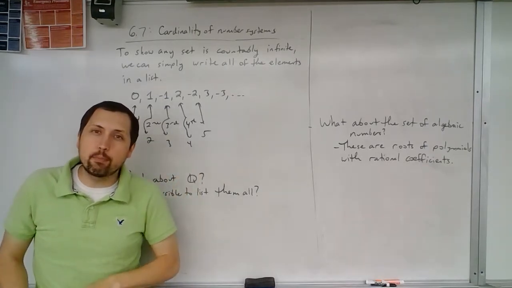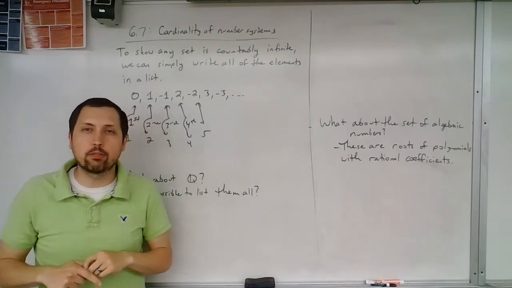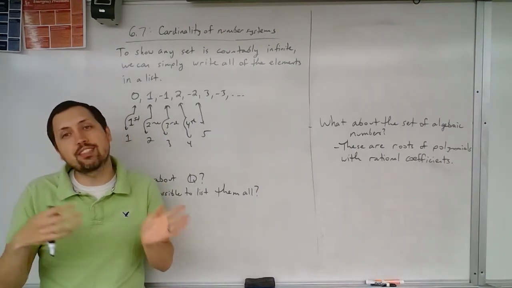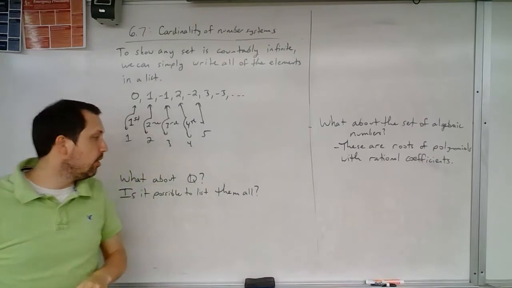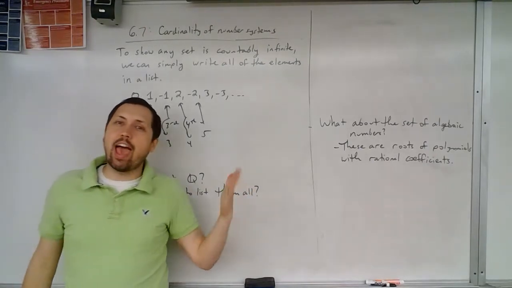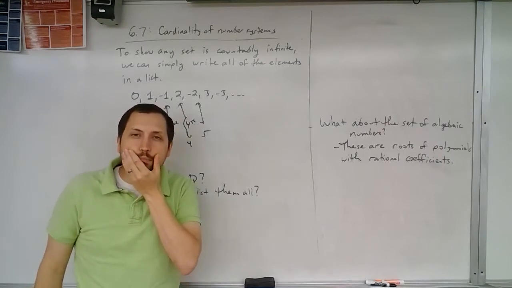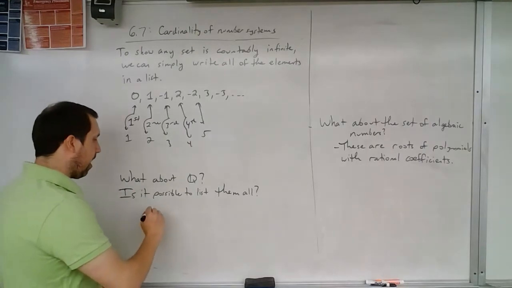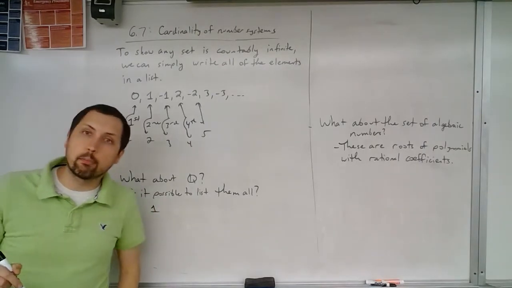So with that approach, we can now start to ask other types of questions about what things we can form a list with and what things we cannot. So the set of all rational numbers, is it possible to make a list of every single rational number? Let's say you're like, okay, well, I have 1 as a rational number.